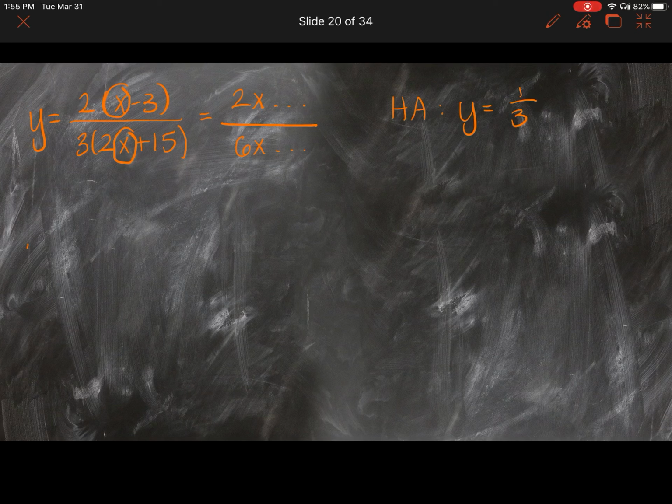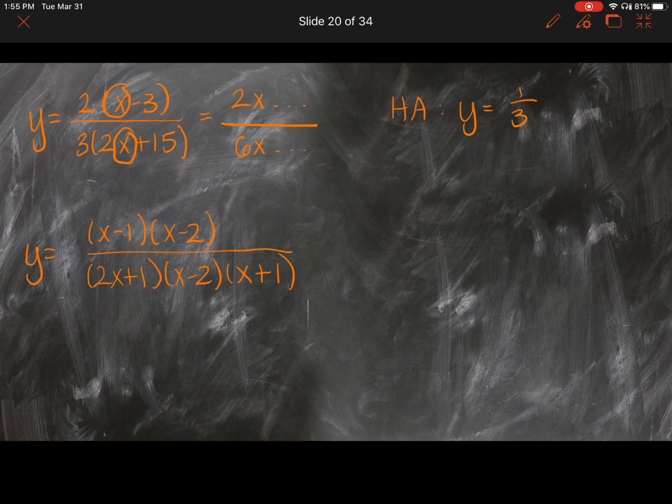How about this one? y equals x minus 1 times x minus 2 over 2x plus 1 times x minus 2 times x plus 1. What is the degree of the top?